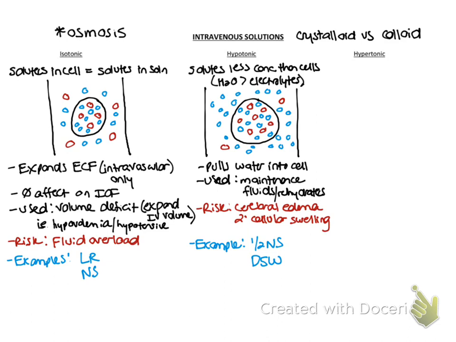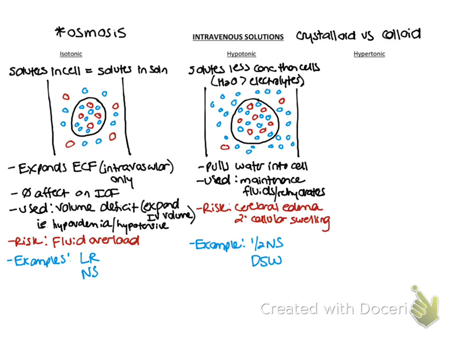So remember, 0.9% is isotonic. Anything less than that is going to be hypotonic, and anything more than that is going to be hypertonic.